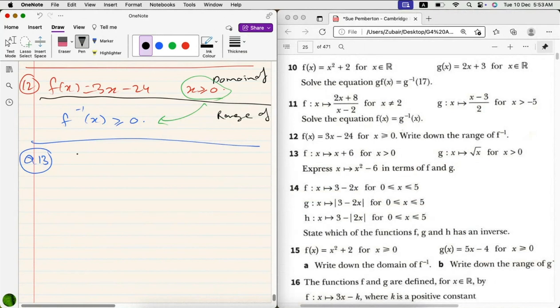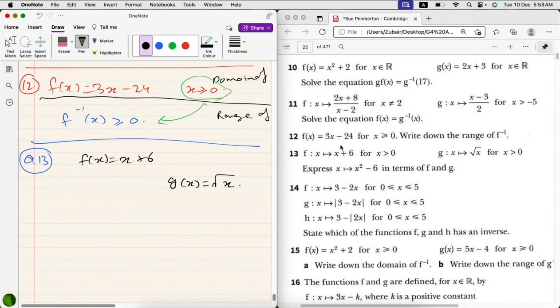Okay. So we have f of x, we have g of x, it says express x square minus 6 in terms of this. Now we have to understand which side is it and how would this become. So f of x is equal to x plus 6, where g of x is equal to square root x.